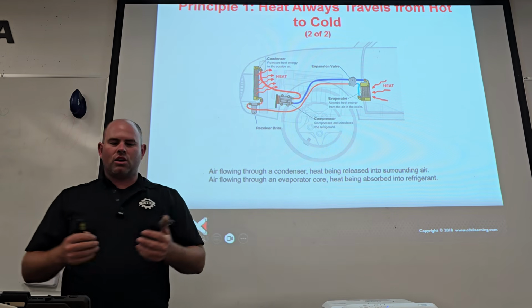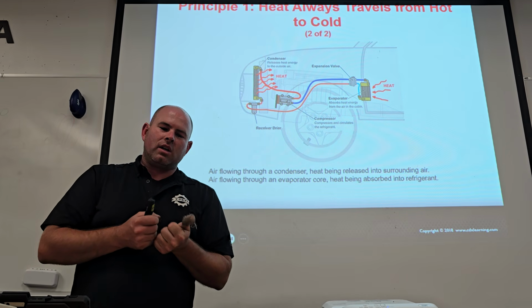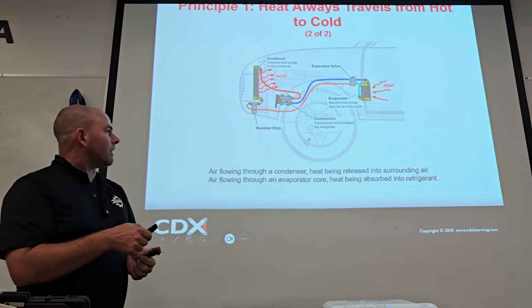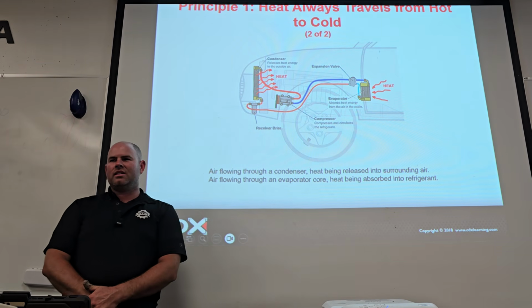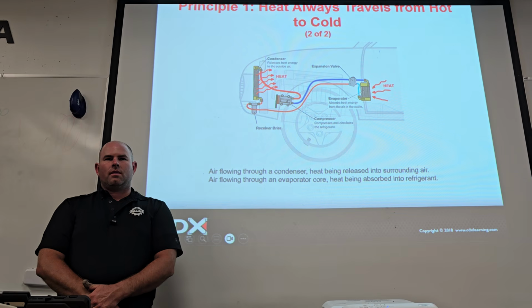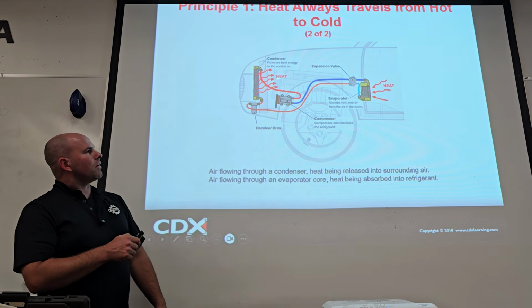Then what's it going to do? It's going to grab that heat, mostly carry it by the change of state from a liquid to a vapor, and it's going to bring it around, and it's going to go right here to the condenser. And what's it going to do? It's going to release it. So it absorbs it here, and it releases it here.